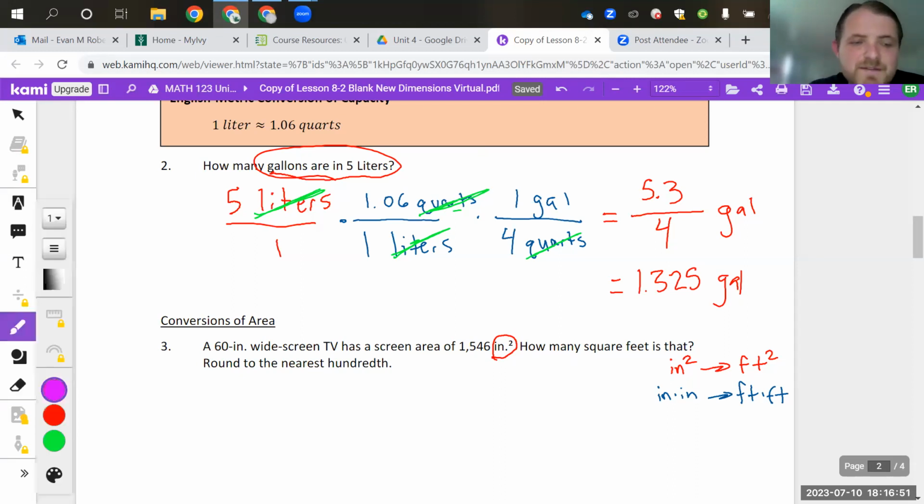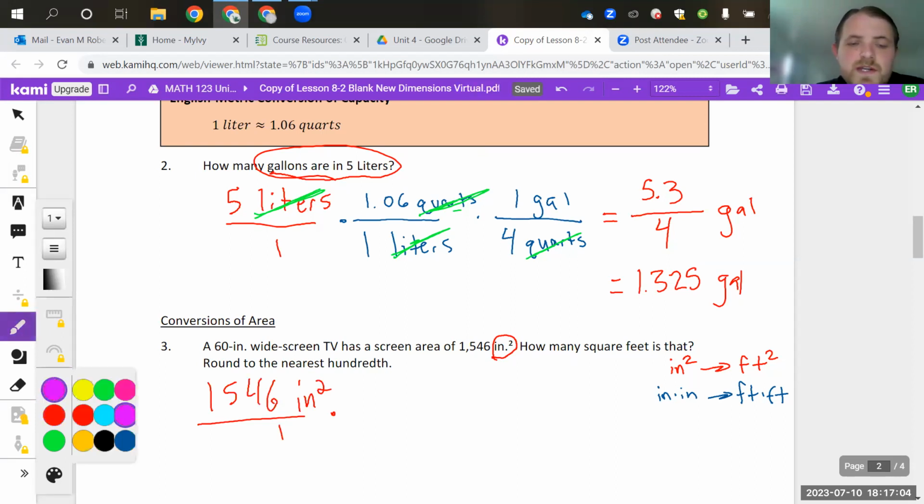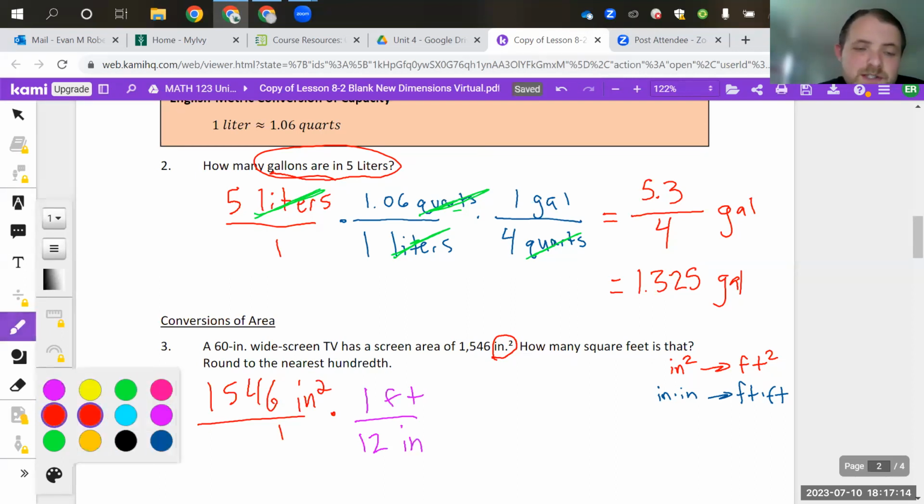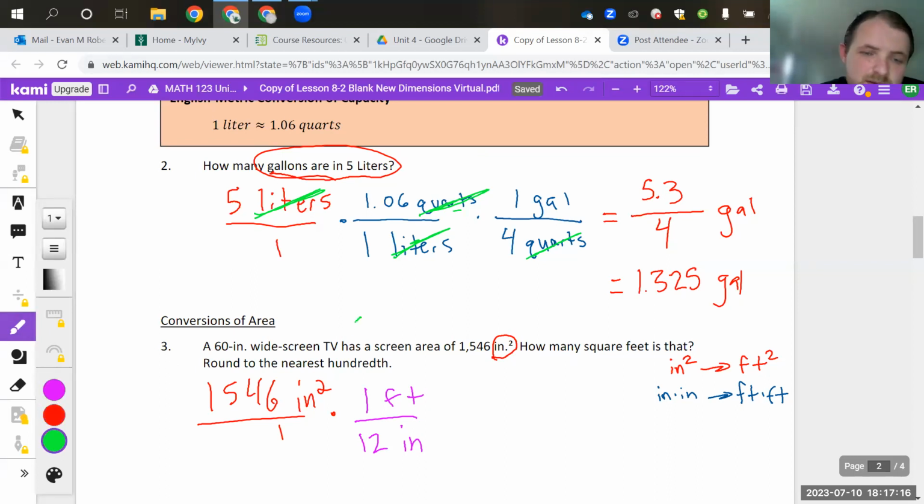So we've got 1,546 inches squared. I'm going to put that all over 1. And I'm going to turn that into feet. We know that there is 1 foot for every 12 inches. Okay. But notice you've got this little 2 here.